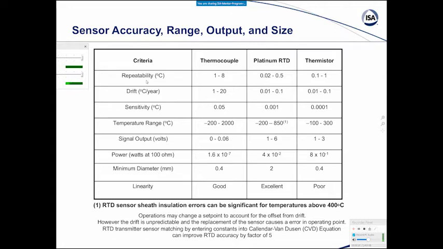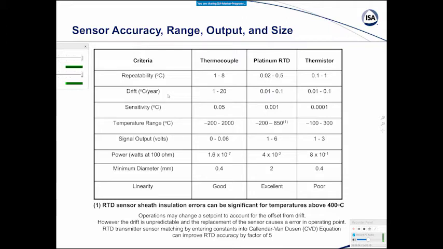So repeatability is incredibly important, and we see that for the thermocouple, and this might be for large changes, it could be 1 to 8 degrees centigrade, much larger than I would have expected. Whereas for platinum RTD, it's an order of magnitude or more less. It's also pretty darn good for a thermistor, but not as good as for an RTD.